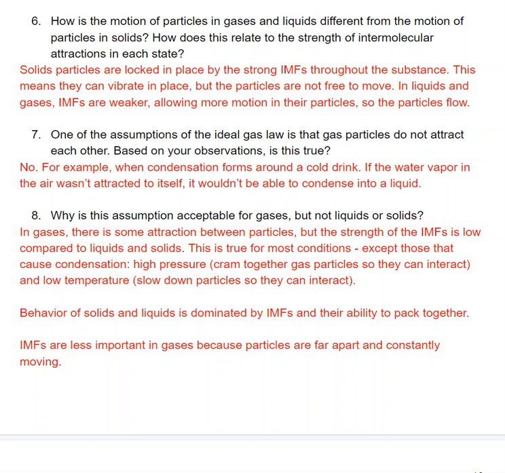If you cram those gas particles together, they're going to interact more. And low temperature. If you reduce their kinetic energy, they're going to interact more. So behavior of solids and liquids is dominated by intermolecular forces and their ability to pack together. But intermolecular forces aren't as important in gases, because those particles are so far apart and they're constantly moving.